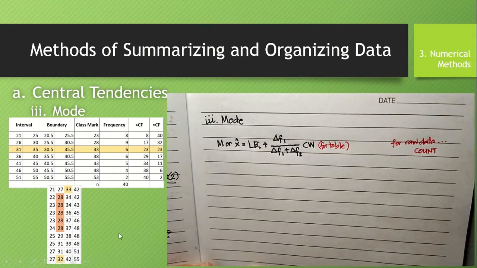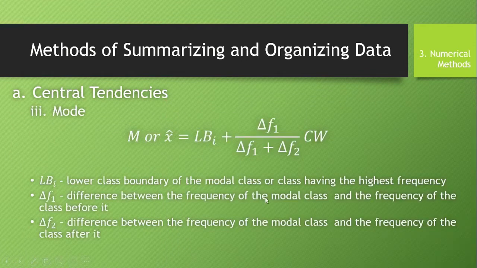So if you would recall our definitions, delta f sub 1 is the difference between the frequency of the modal class and the frequency of the class before it. Delta f sub 2 is the difference between the frequency of the modal class and the frequency of the class after it. Now LB sub i is not the lower class boundary of the median class, but rather the modal class.